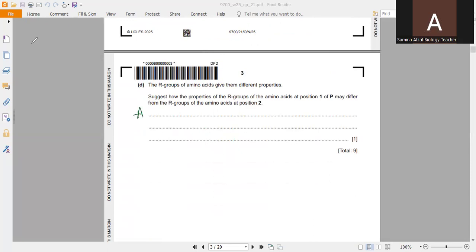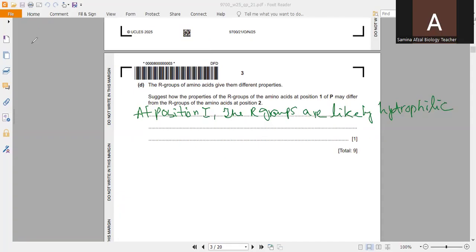Position 1, the R groups are likely hydrophilic. This allows them to interact with water.